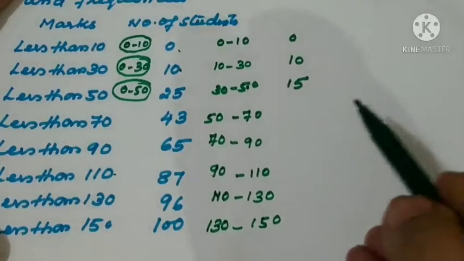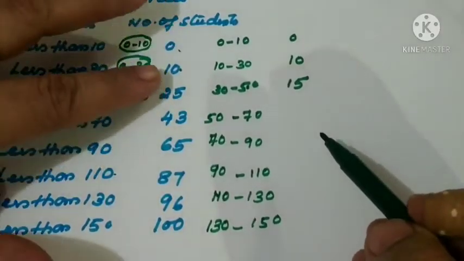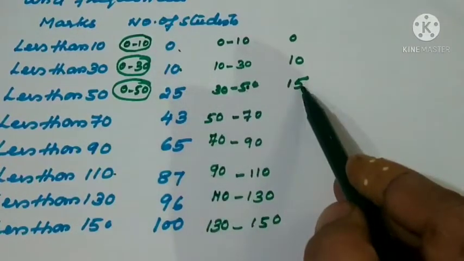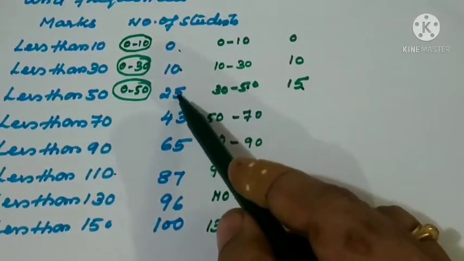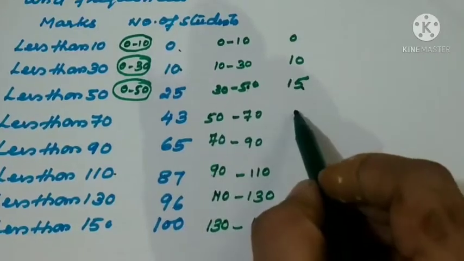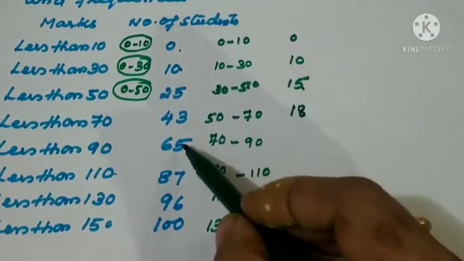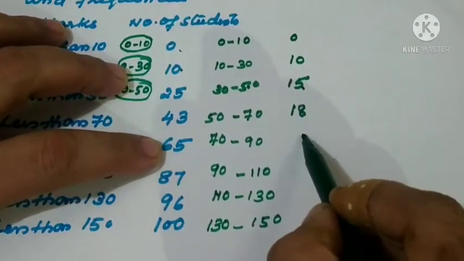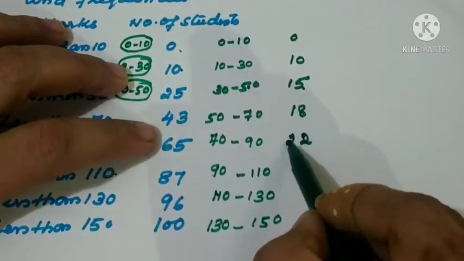Right? Now what is the next step? We should take the difference of these two. See, 25 minus 10, 15 we have written. Now 43 minus 25, it is 18. Now 65 minus 43, it is 22.